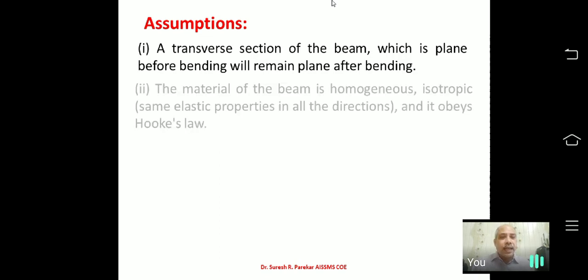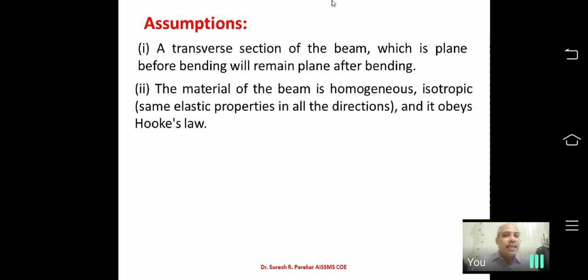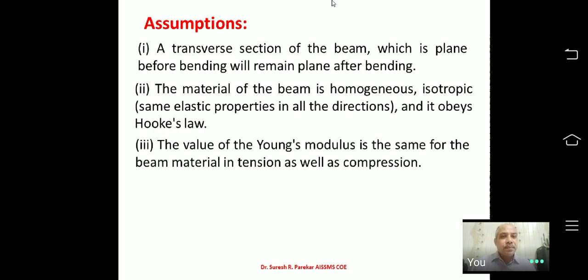Then the next assumption: the material is homogeneous, isotropic, and it obeys Hooke's law. Obeying Hooke's law means stress is directly proportional to strain. The value of Young's modulus is the same for the beam material in tension as well as in compression.